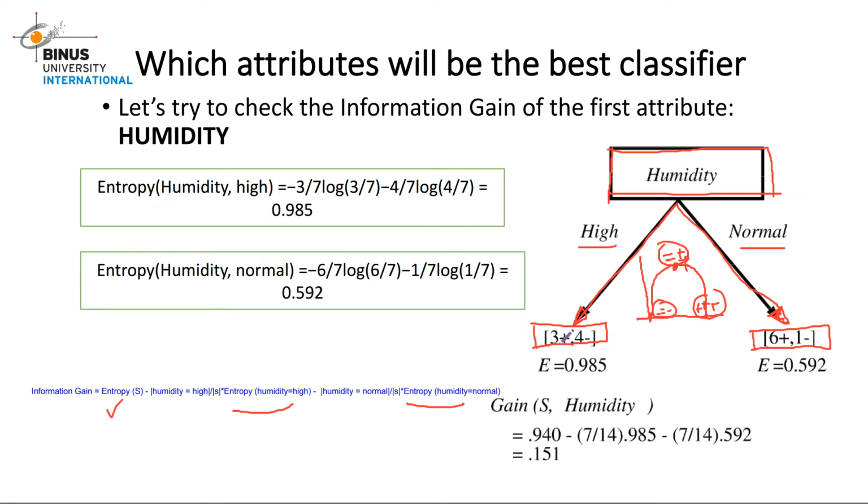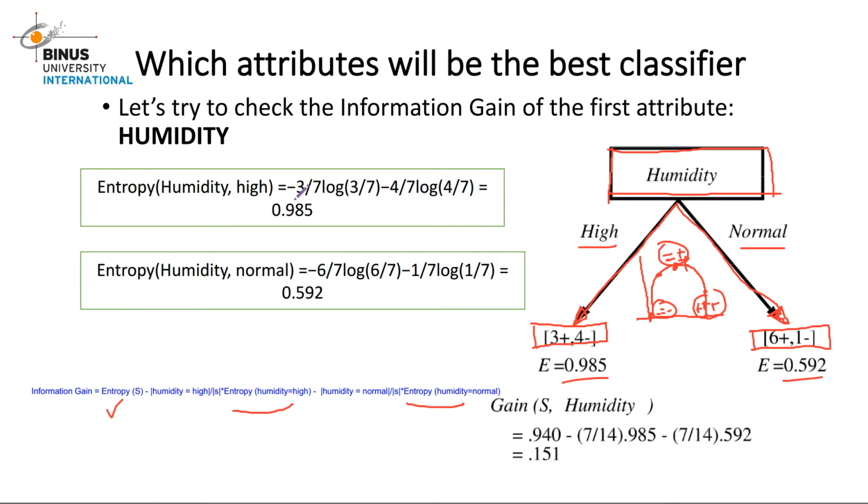So based on this, 3 and 4 is probably higher. 6 and 1 is homogeneous, so it's probably lower. That's correct. Based on this formula, we get 0.9 for high and 0.5 for normal.